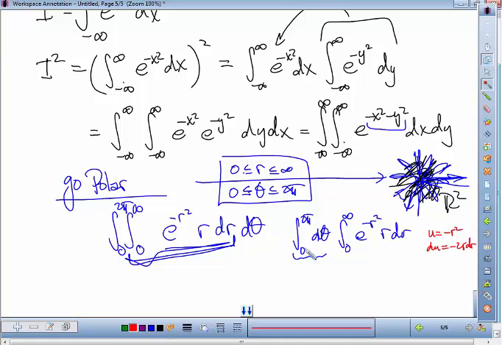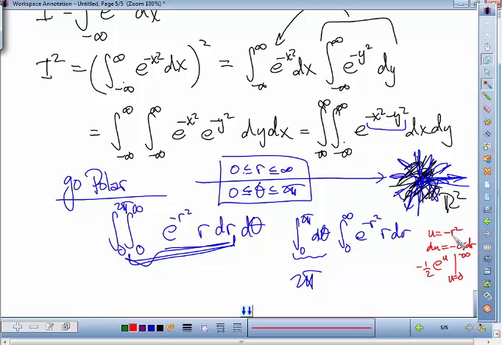So we'll skip over that part. But let's say you did that, you would have the integral of e to the u du from 0 to minus infinity, and then get an extra negative 1/2 out here, something like that.